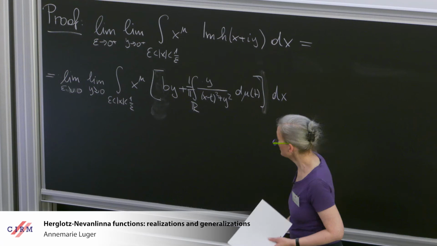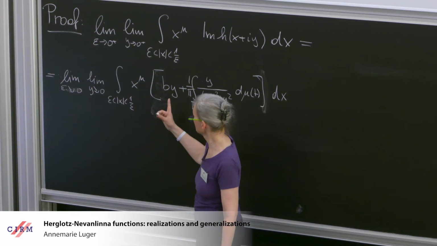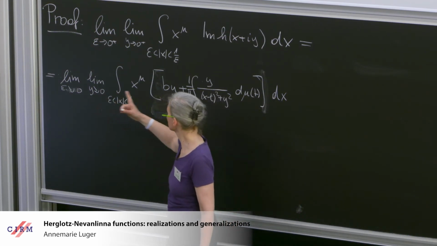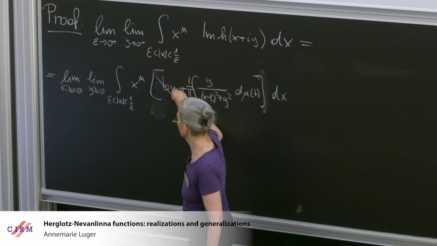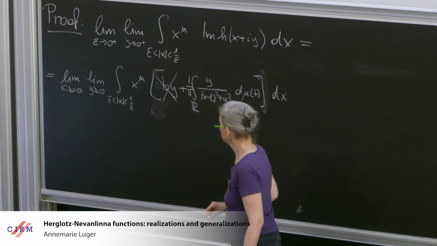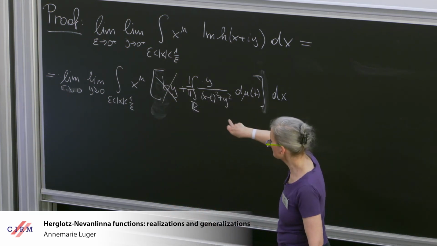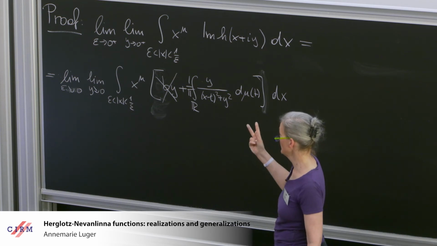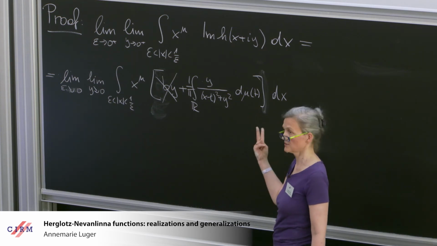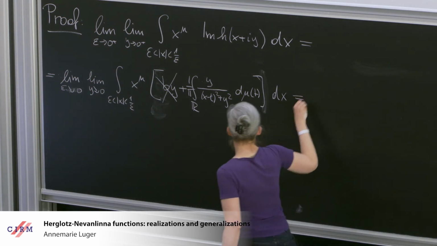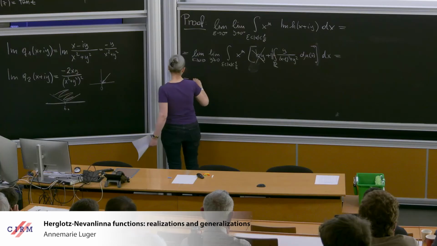Okay. So now first we see that this term here, if y goes to 0, disappears, so we don't have to bother about this at all. And then we have these two integrals. The first step is that we can check that via Fubini's theorem we can exchange these two integrals. Okay? So let's change them.